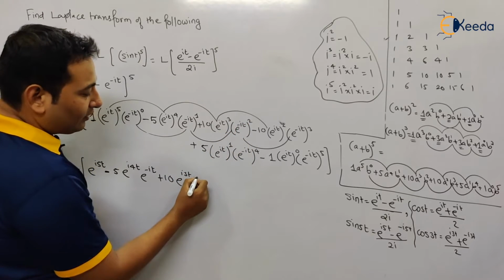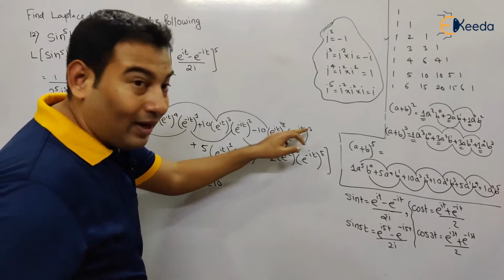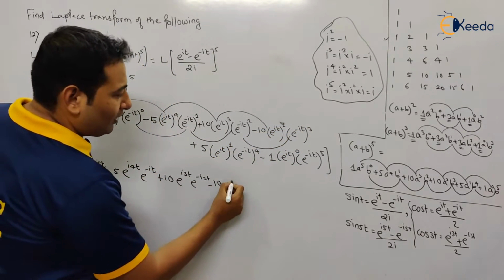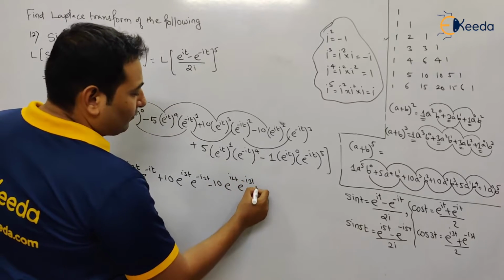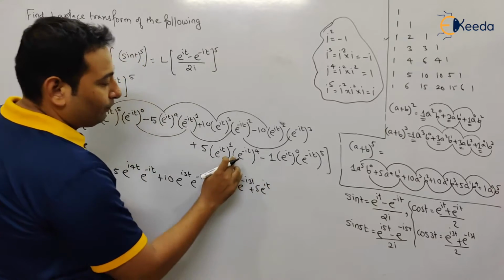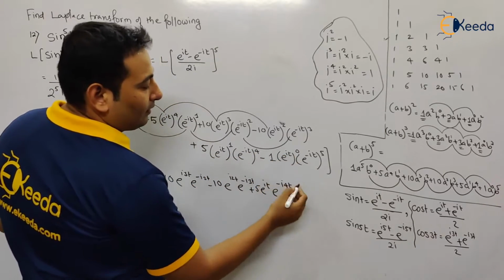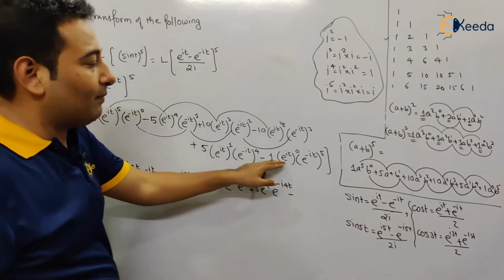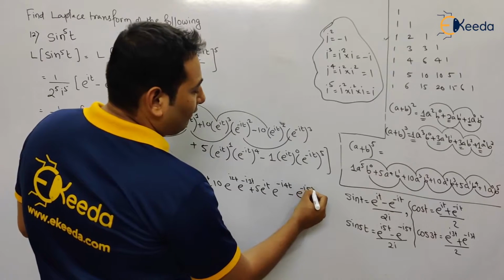This 2 will come inside, minus i 2t, minus 10. Again 2 and 3 will come inside, so that will become e raised to i 2t, e raised to minus i 3t. Next, plus 5 e raised to it, e raised to minus i 4t, minus, this will become anything raised to 0 is 1, and this is e raised to minus i 5t.